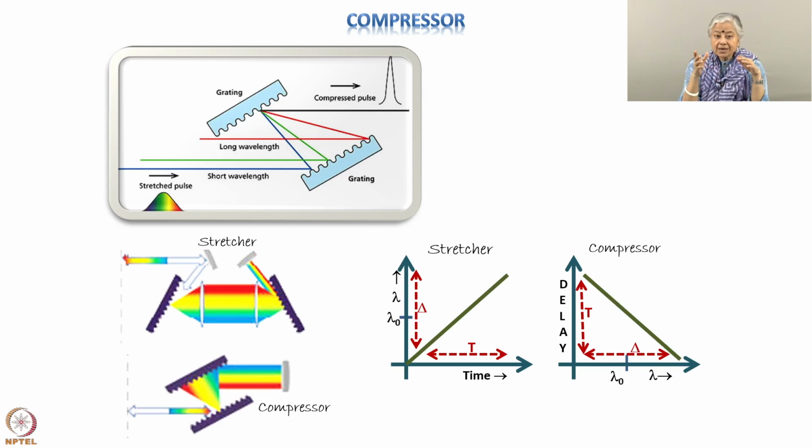But whichever sign of GVD it is, you get more dispersion if you take a double pass. So the compressor is also a double pass. Here is your input stretched beam, it goes here, it comes out, and then you can keep a mirror here and it goes back. So you have a double pass compressor too.